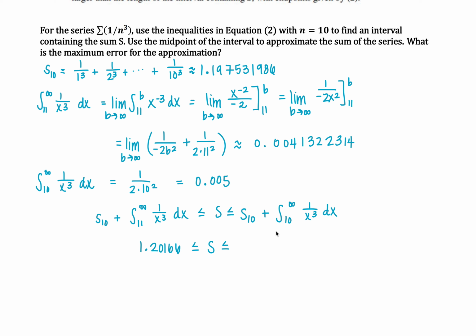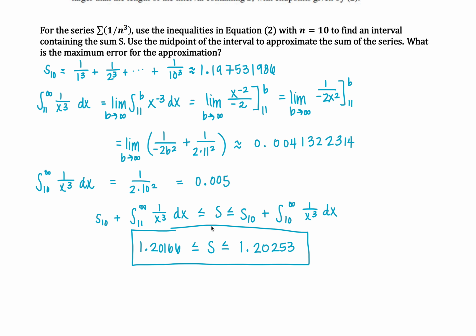At its highest value, if I take the 10th partial sum plus this integral's value, you're going to end up with 1.20253. So the actual sum is somewhere in that interval. So we've answered the first part here that they've asked us to do.